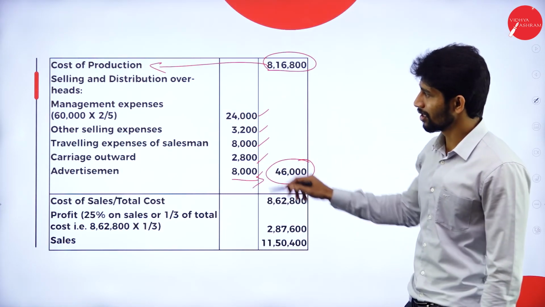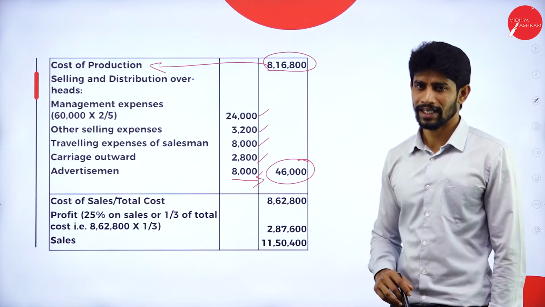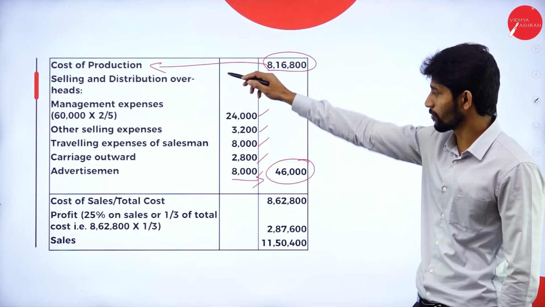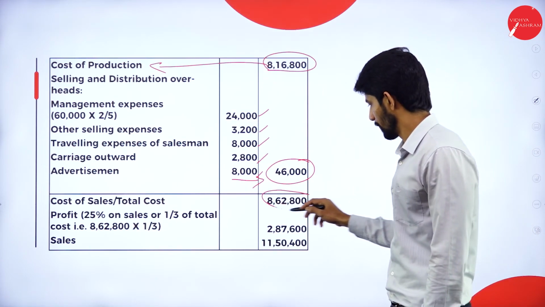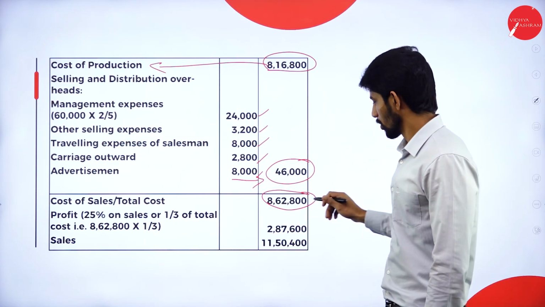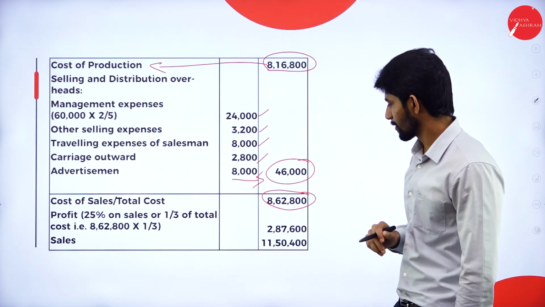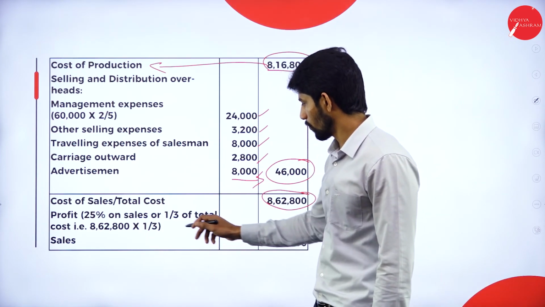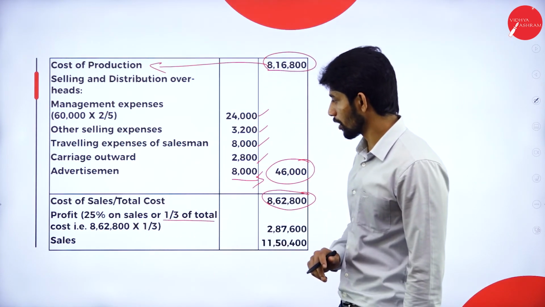This 46,000 is total selling and distribution expenses. So add it with 8,16,800, that is cost of production. This total is called total cost. So the total cost is 8,62,800.